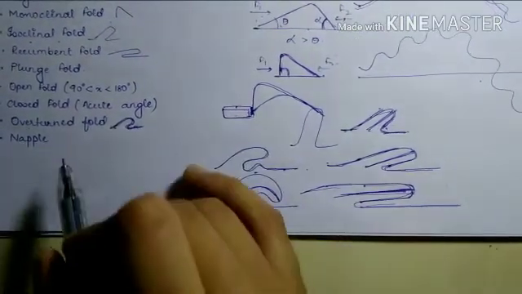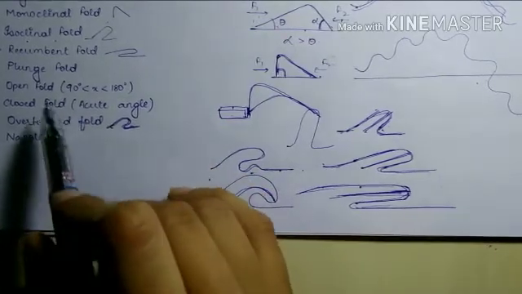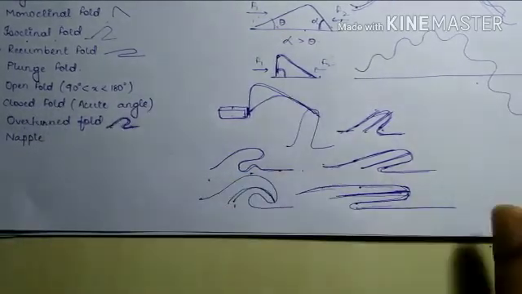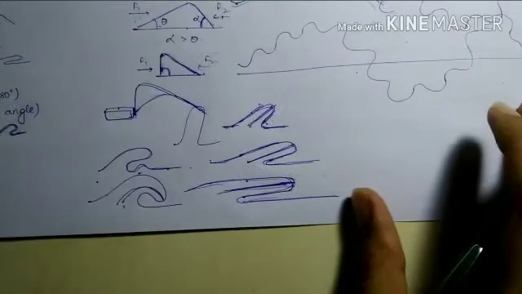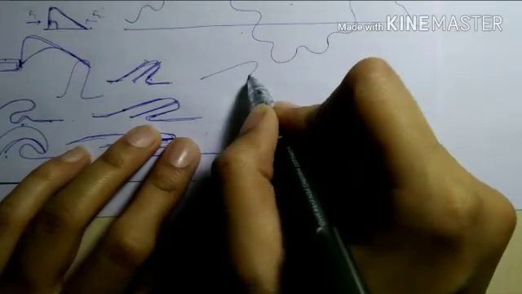The next fold is overturned fold. We'll see open fold and closed fold later on. In overturned fold, first we have the simple fold.